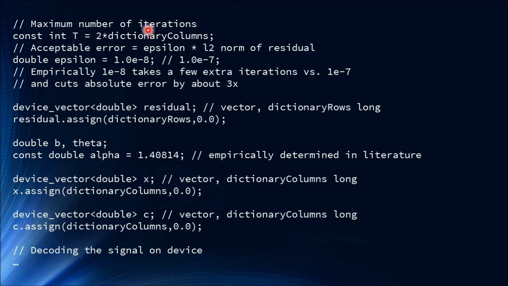How many iterations are we willing to accept? What's our acceptable error? Notice we dialed that down. It was 1e minus 7 for matching pursuit. We dialed it down because even though it took a few extra iterations, it gave me about 3 times less absolute error. And that seemed worth it because this was already pretty fast. But that was empirically determined. It's the phrase, your mileage may vary, and I don't know how that translates.